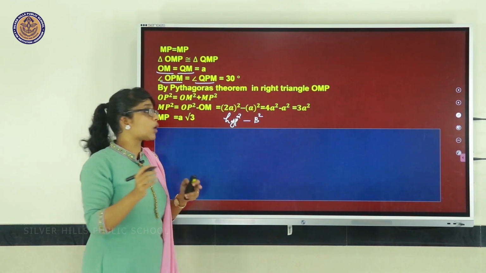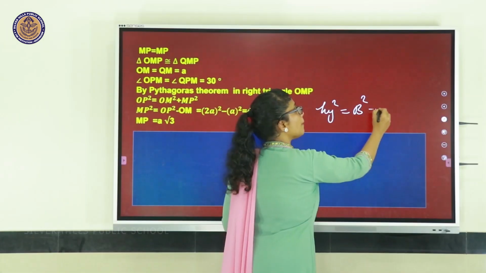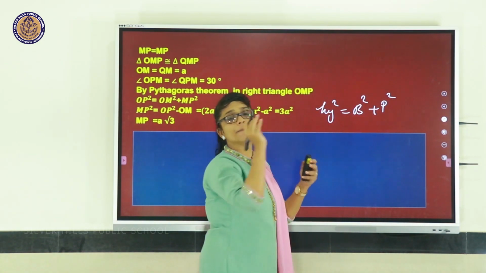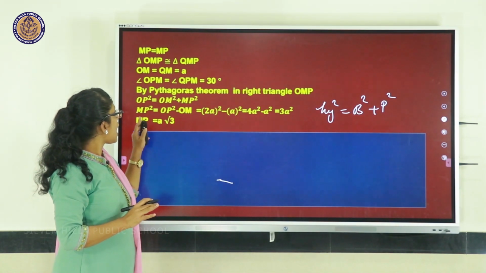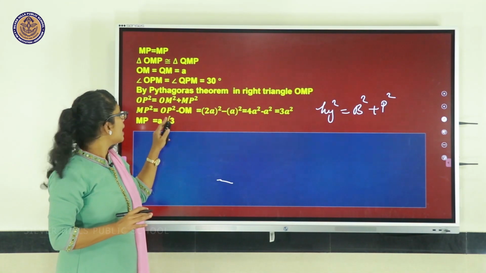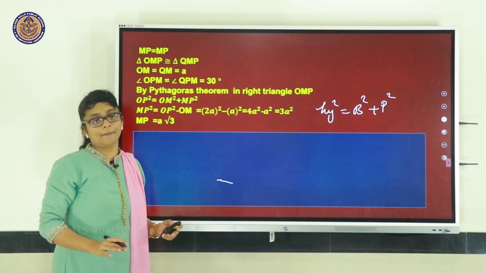We studied Pythagoras property: hypotenuse square is equal to base square plus perpendicular square. Here, hypotenuse is OP, base is MP and perpendicular is OM.